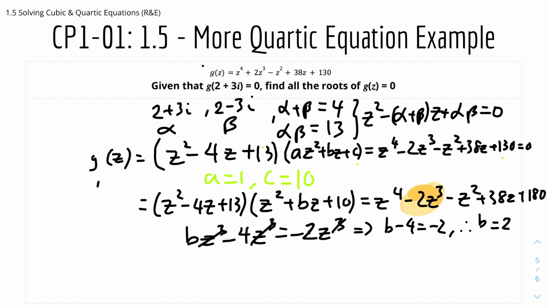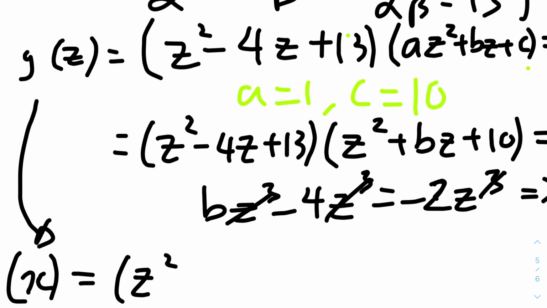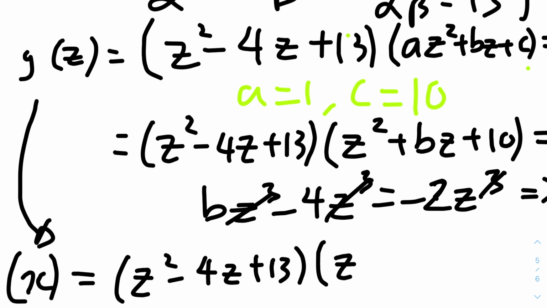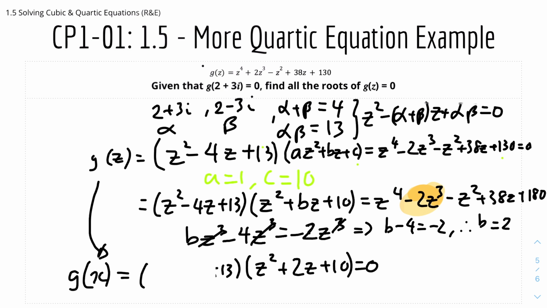That means we can just rewrite g. g of z equals z squared minus 4z plus 13 times z squared plus b, which is 2, so plus 2z plus 10, equals 0. And from now we're really close.